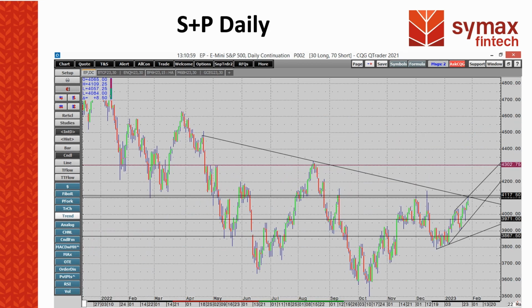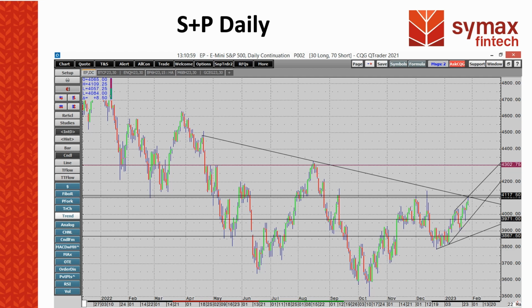For the S&P, again I've added in that April, May one at 43.02. But as you can see, where the Dow has passed that, the S&P hasn't got there yet. For me, that's a lot of the tech stocks holding it back.